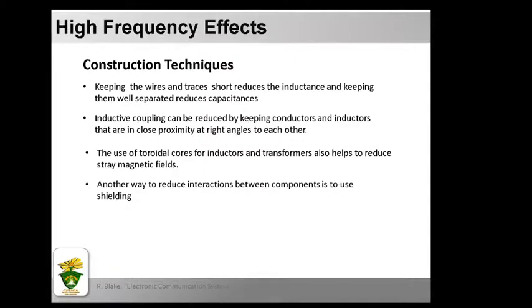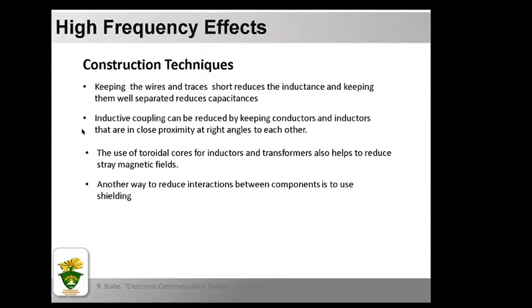It is possible to design circuitry to reduce the effect of stray capacitance and inductance resulting from wiring and circuit board traces themselves. In general, keeping the wires and traces short reduces the inductance, and keeping them well separated reduces the capacitance.